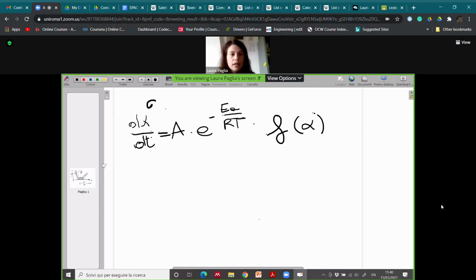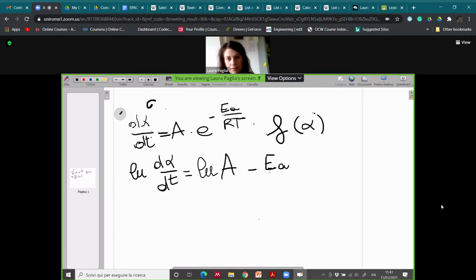We can write the natural logarithm. If I apply the natural logarithm to this one, I have this plus, and so I have this equation.